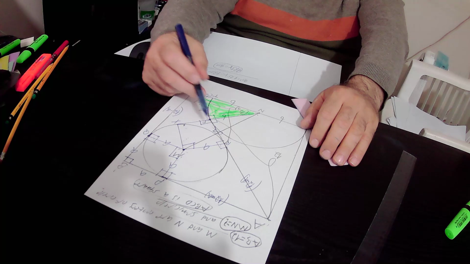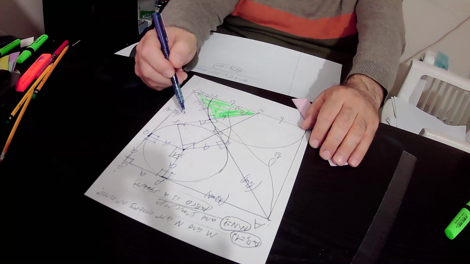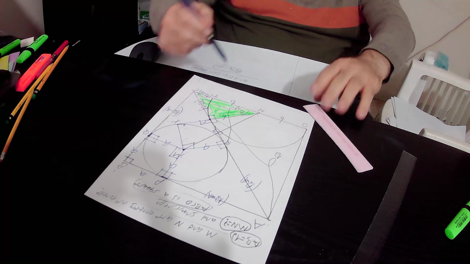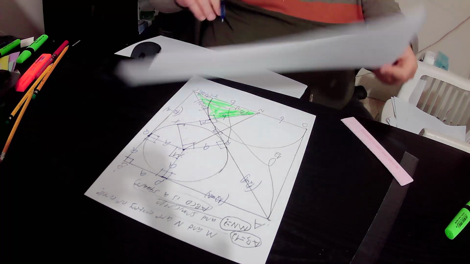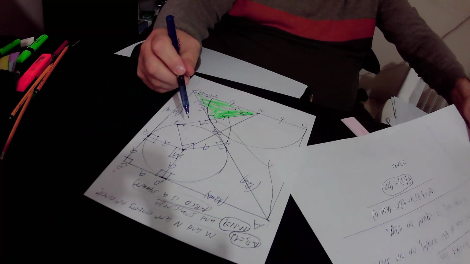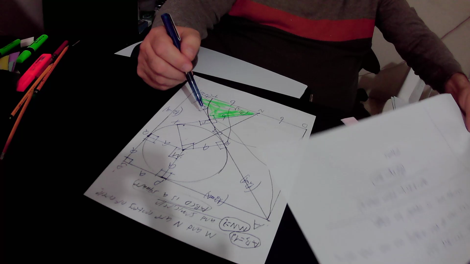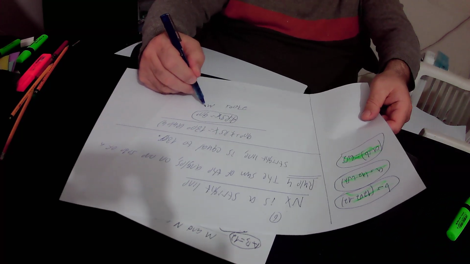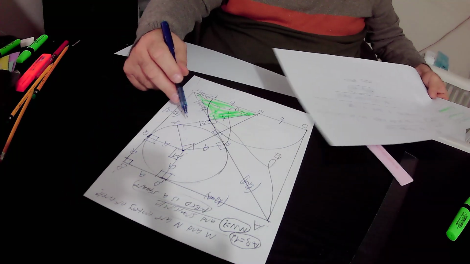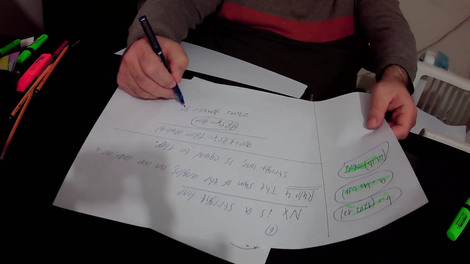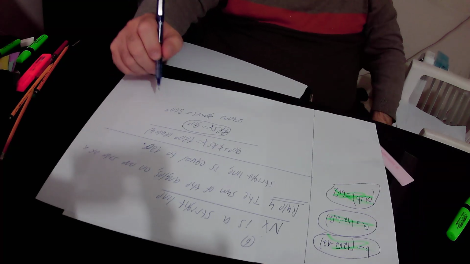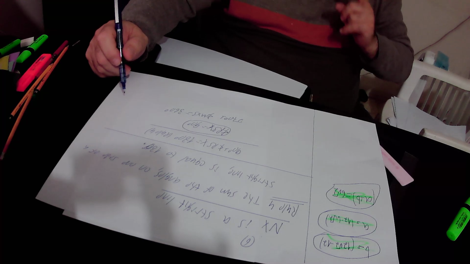In quadrilateral RMSX, we have 3 right angles: 1, 2, 3. The sum of 3 right angles is 270 degrees, plus the size of the 4th angle, that is angle MXS. In total, the sum of those 4 angles must be equal to 360 degrees, according to the rule that the sum of the angles in any quadrilateral is equal to 360 degrees.